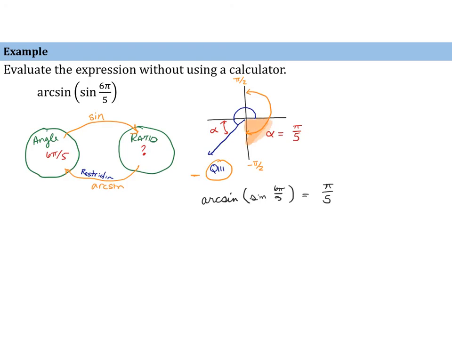Now we want an angle between negative pi over 2 and 0 that has a reference angle of pi over 5. And that is simply negative pi over 5. That has the appropriate reference angle, it's in the appropriate quadrant, it's in the appropriate interval. And so therefore, that is our angle.